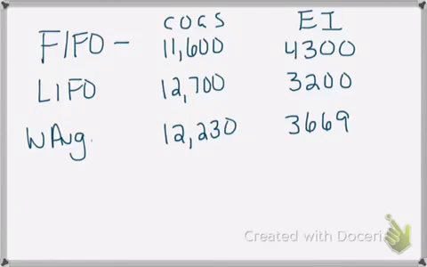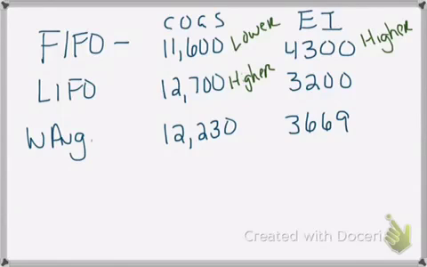For FIFO, we have a lower cost of goods sold. So you'll notice that for FIFO, our cost of goods sold is lower, but our ending inventory is going to be higher, because our ending inventory are those last units that cost us more, and cost of goods sold are those first units which cost us less. Under that LIFO system, however, we find that our cost of goods sold is higher because we're using those last units that came in that cost us more money.